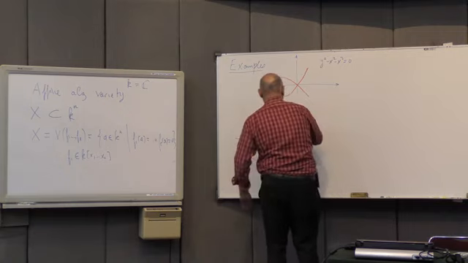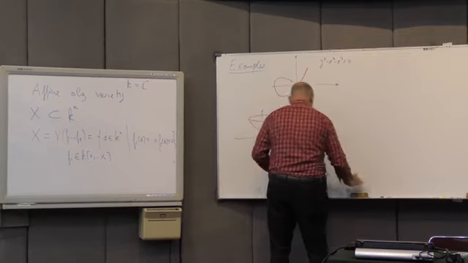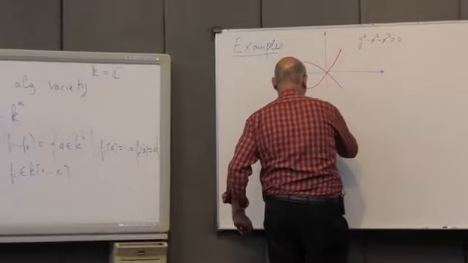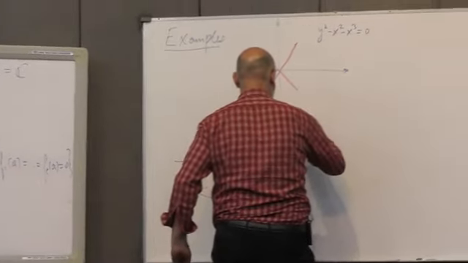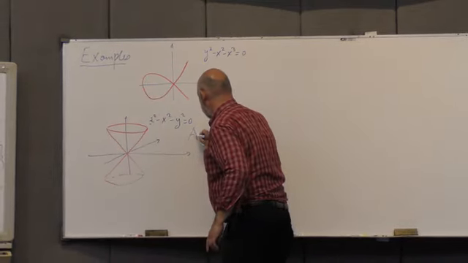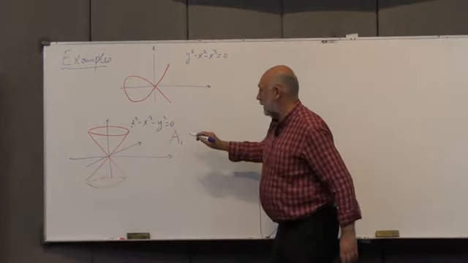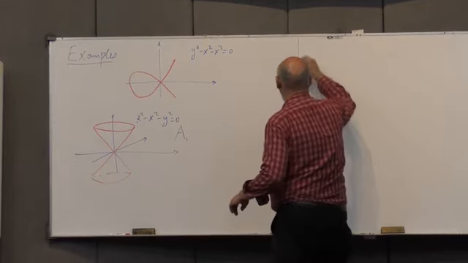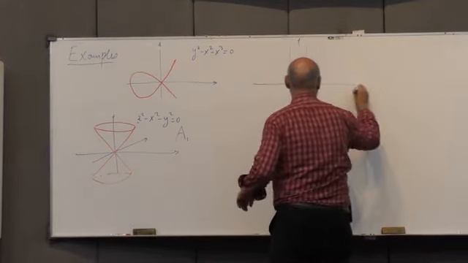So this is z squared minus x squared minus y squared equals 0. And this is sometimes called, this is probably the simplest surface singularity. Sometimes this is called the A1 singularity, but we'll look at slightly more general ones, which are called A_n. I don't really know how to draw them.